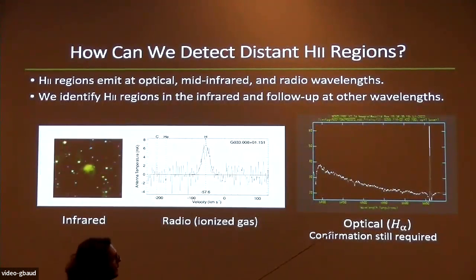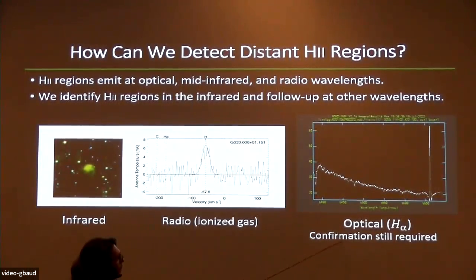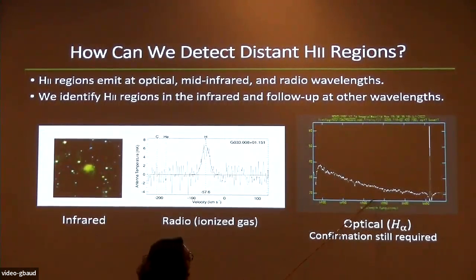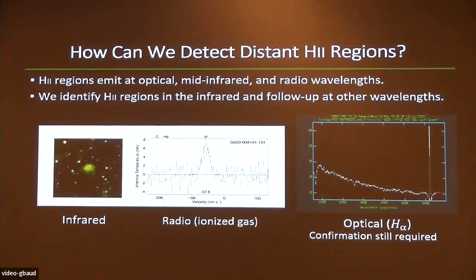And here we have an example of an optical H-alpha line, which I'm supposed to detect to confirm whether this is a true H2 region or not. For this one, it still has to be confirmed because it's not exactly the right wavelength there; it's supposed to be more around there. So we're not sure yet if it allows us to confirm that there is actually an H-alpha line emitted in these regions.